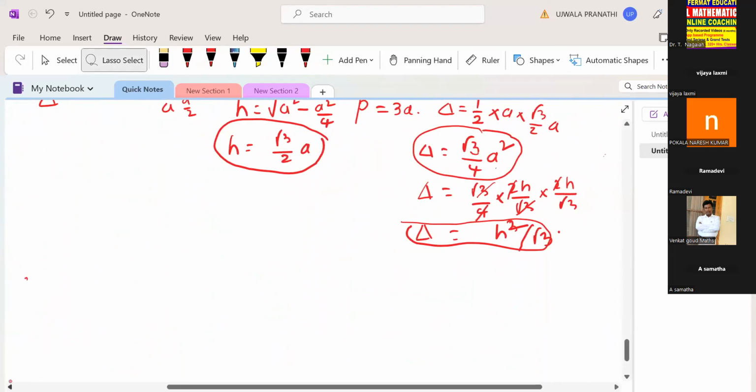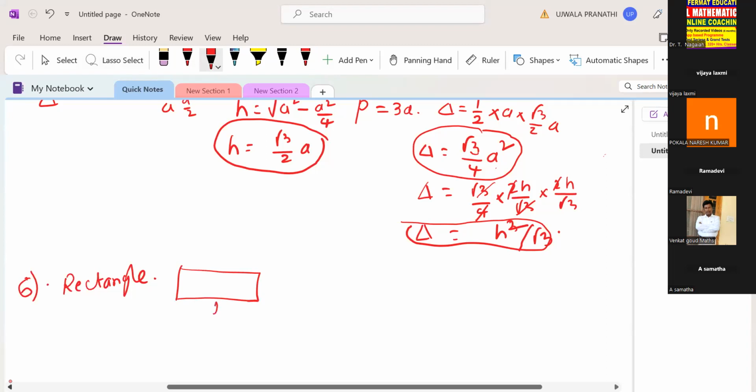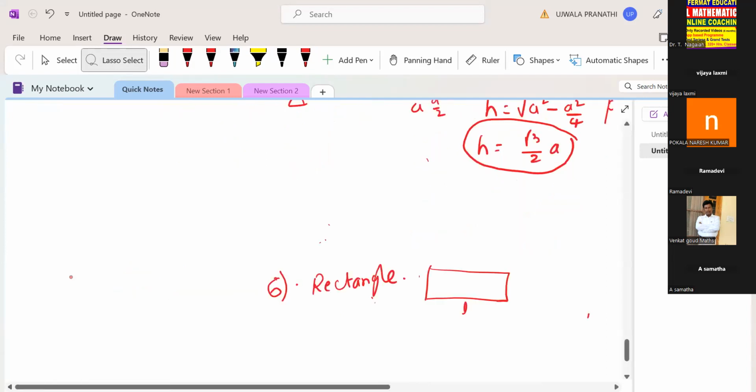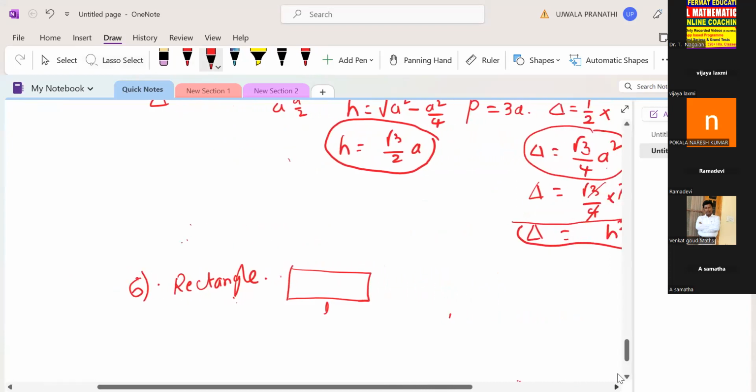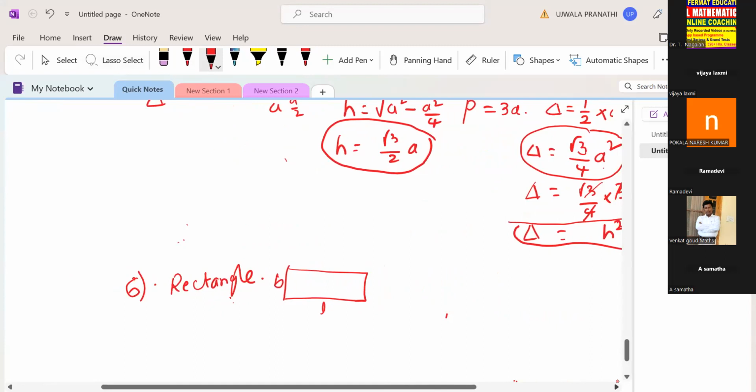నెక్స్ట్ 6th వన్ rectangle. So this is the rectangle, this is the length, this is the breadth, this is the diagonal.